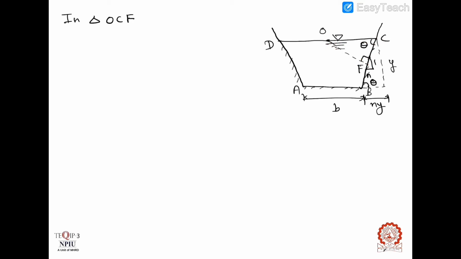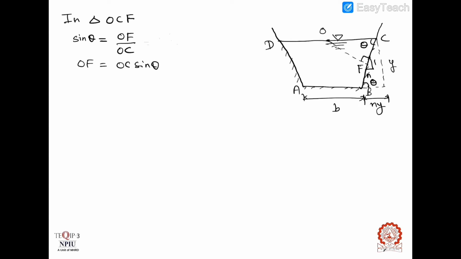Okay, so in this triangle sine theta is equal to OF divided by OC, perpendicular divided by hypotenuse. So OF is equal to OC sine theta.